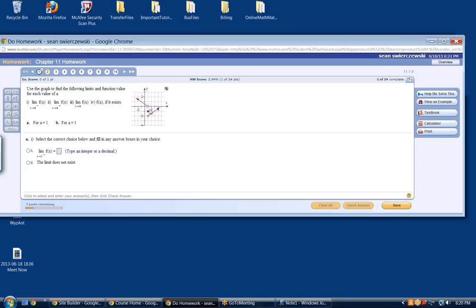The abnormal case was when a was equal to 1. A equal to 1 is the only place on this function where it's not continuous. Whereas when a is equal to 3, we have continuity on the function. It's just a straight line that goes through that. In other words, the limit from the left is the same as the limit from the right. So what is the limit of f of x as x approaches 3?